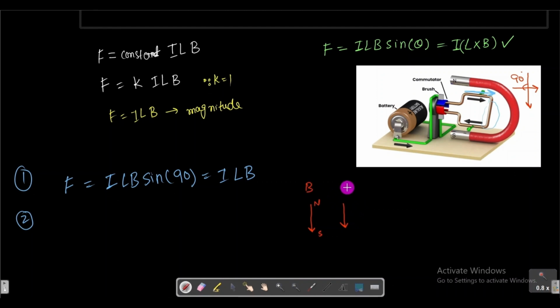Okay, this is the B and this is the L. In this case theta will be equal to 0. So we put 0 instead of theta here. So F is equal to I L B sine of 0, and sine 0 is equal to 0, and 0 will multiply all these factors, and it will give us the force. And the force on this part of the conductor is 0.